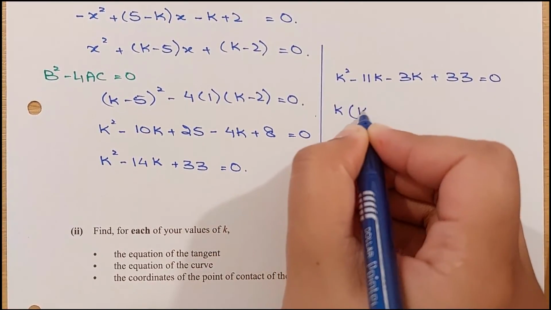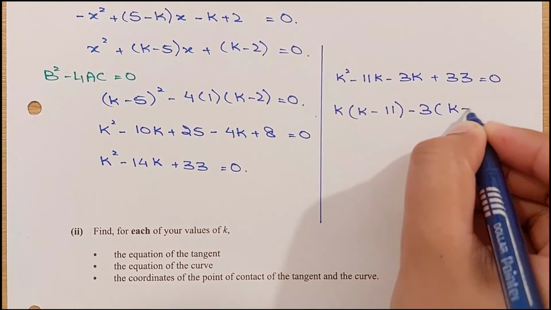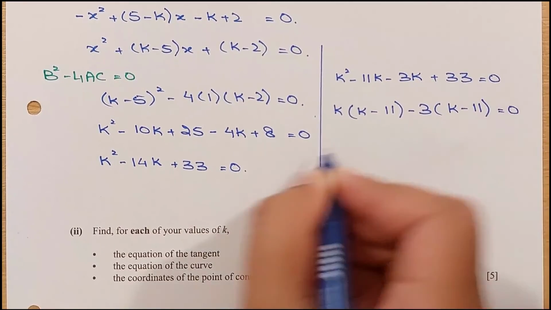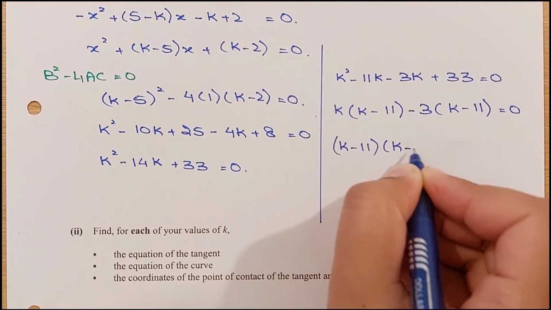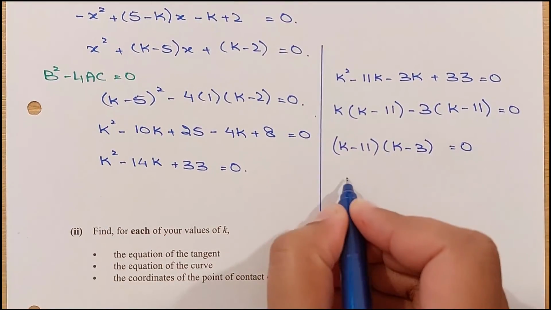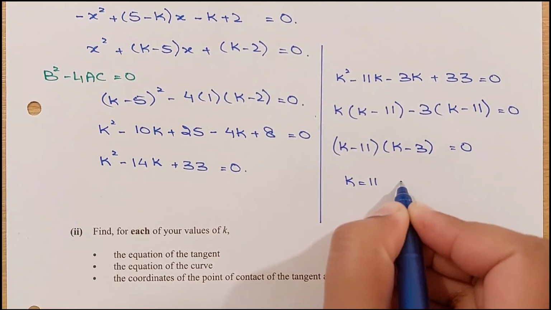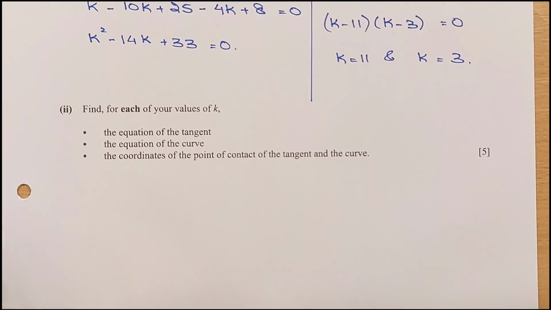K is common, k minus 11, negative 3 is common, k minus 11, this equals 0. So the factors are k minus 11 and k minus 3. So the two possible values of k are k equals 11 and k equals 3. These are the two possible values of k.